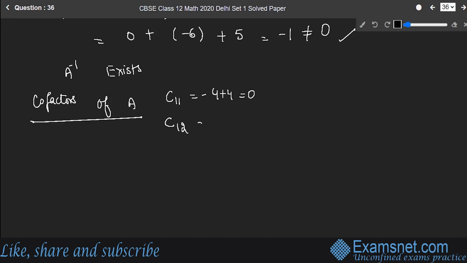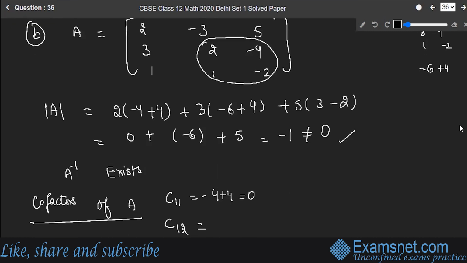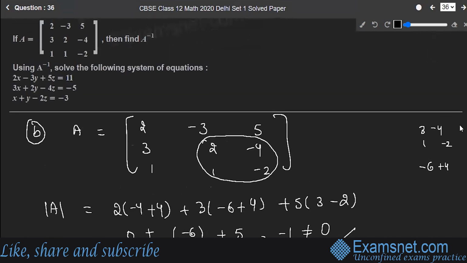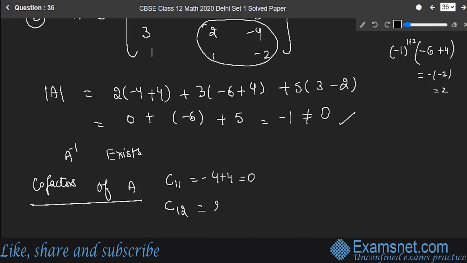Now, first row, second column, if I'm leaving, so I'm having 3 minus 4, 1 minus 2, which gives you minus 6 plus 4, which is equal to minus 2. Yeah, and minus 1 sign, 1 plus 2 is also there. Okay, so this is equal to minus of minus 2, which is equal to 2. Right?